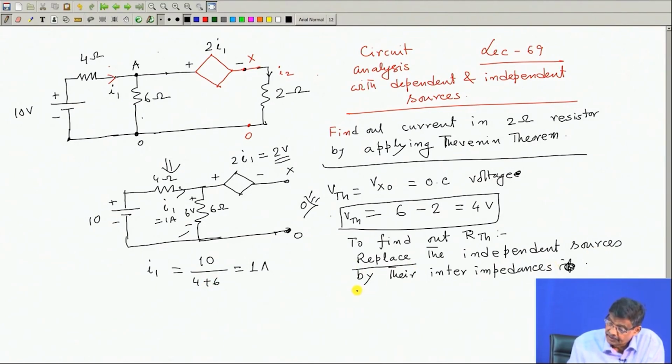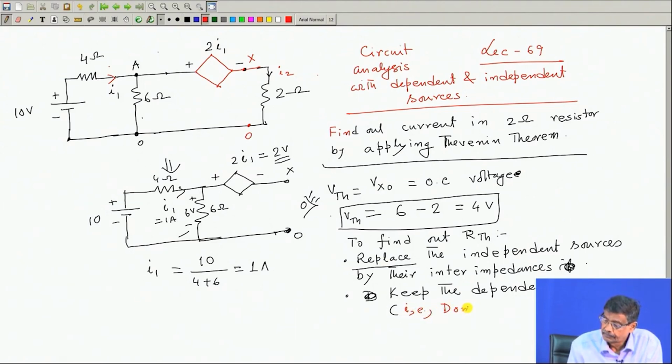The next point is: keep the dependent sources, don't remove them from the circuit, don't remove them.